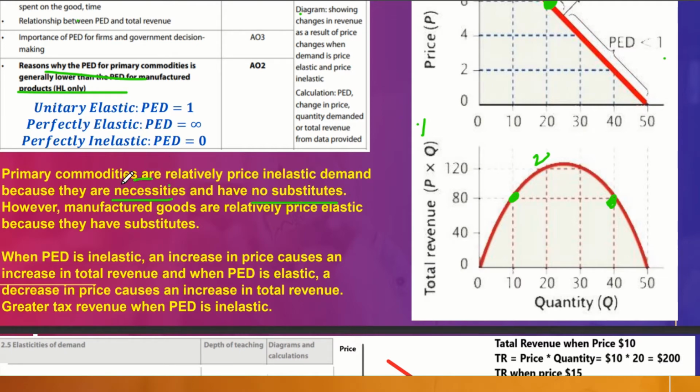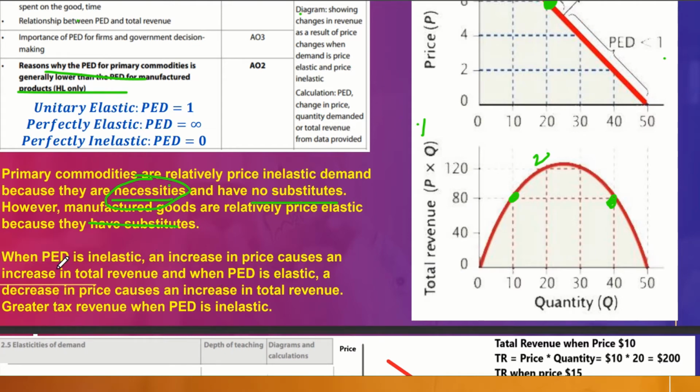So this influences primary commodities to be inelastic in nature. But manufactured goods are relatively price elastic because they do have a lot of substitutes. Meanwhile, they are not mostly necessity goods. Maybe some may be necessary, but not mostly necessity goods. So that causes manufactured goods to be elastic in nature and primary goods to be inelastic in nature.